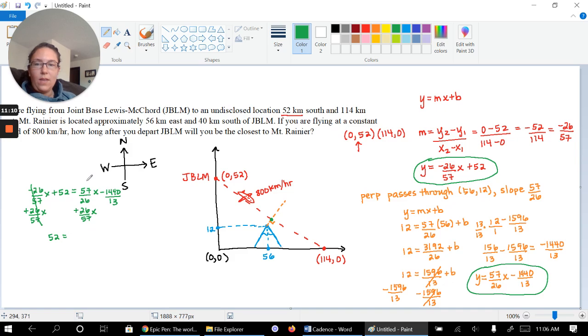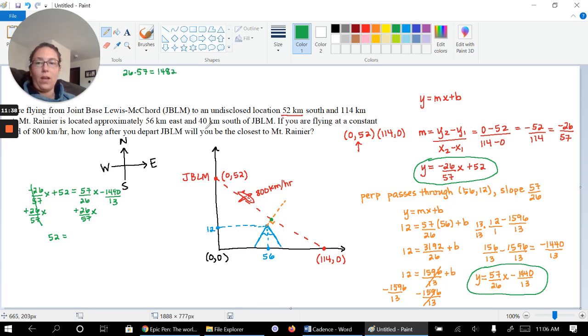Now, when I add these two fractions together, I also need a common denominator. And the common denominator, I'm just going to use 26 times 57. So maybe up here I'll write that down. 26 times 57 equals 1482.